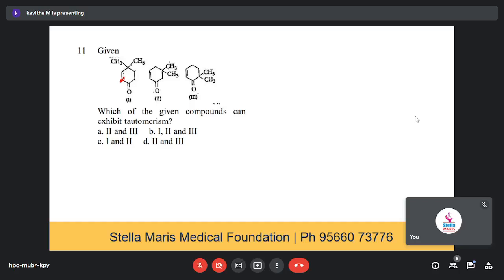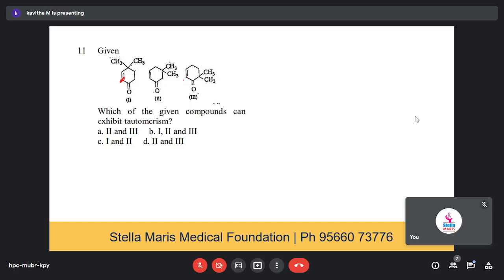Sorry. This is having one hydrogen. And on the right side also you have one hydrogen. In this case, here one hydrogen you have, and here you have one hydrogen. In the third structure, here you have one hydrogen, and this side there is no hydrogen because we have 4 bonds, that is 2 with a ring and 2 with a methyl group. So all are having hydrogens in the alpha position. So what happens here? The keto-enol tautomerism occurs.